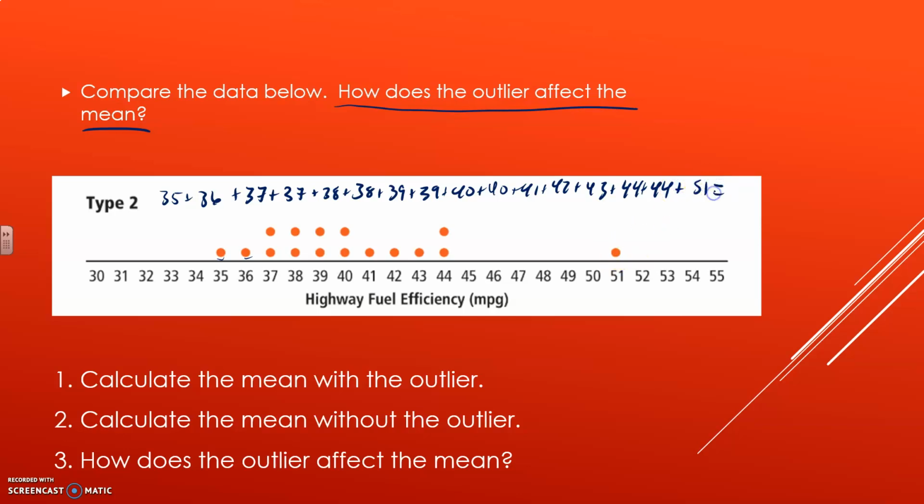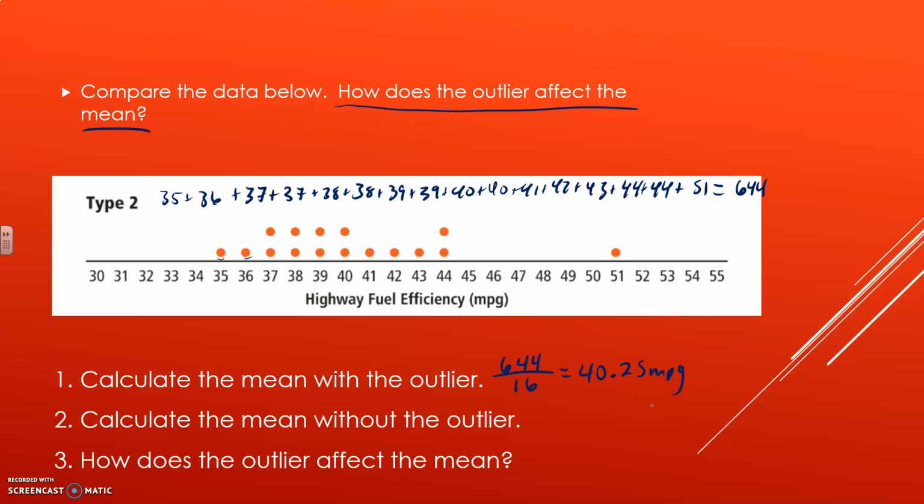When I added all of those up, for number 1, I got 644. Now there's 16 data points, so I did 644 divided by 16, and I got that with the outlier the mean is 40.25 miles per gallon, if I include that 51.